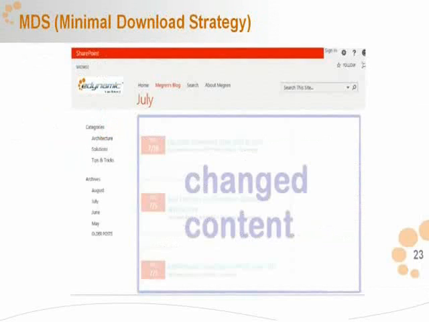Minimal download strategy. This is a very interesting technology for developing web pages that are responsive and take far less bandwidth than full pages. Consider the scenario: you have an application with perhaps 15, 20, or even 40 different pages where most of the pages, navigation, header, footer, and so on, are more or less similar.